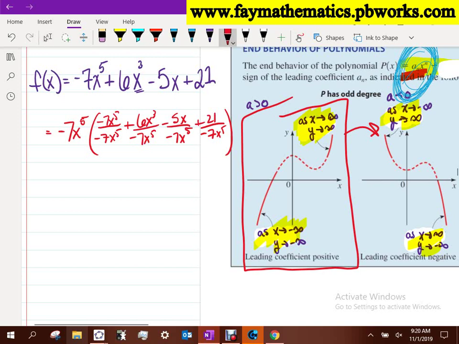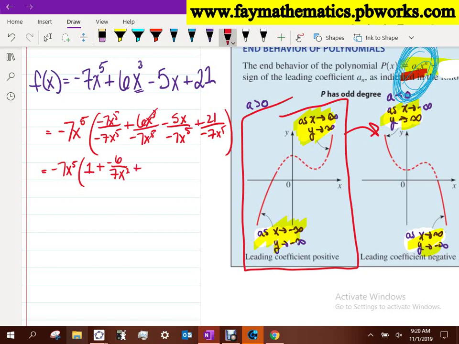Okay, so let's go through and simplify the things in the parentheses. Negative 7x to the fifth divided by negative 7x to the fifth is 1. Plus, this is going to give me negative 6 over 7x squared, since 3 and 5 cancel out and give me 2 on the bottom.